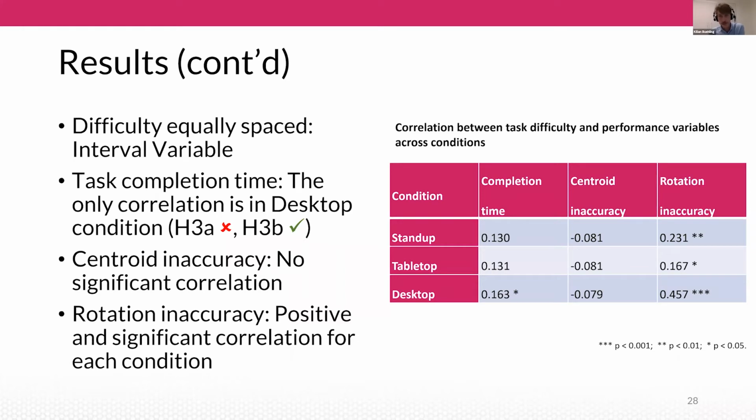In the middle column, we see the correlations for task complexity and centroid inaccuracy. Those are all not significantly different from 0. And for rotation inaccuracy, we can see that there is always a significant positive correlation between task complexity and inaccuracy. So the more complex the tasks get, the less accurate the subjects get in rotation placement. Next slide, please.